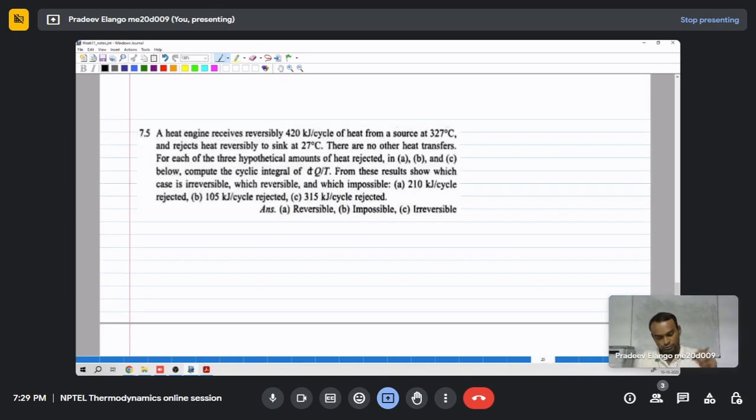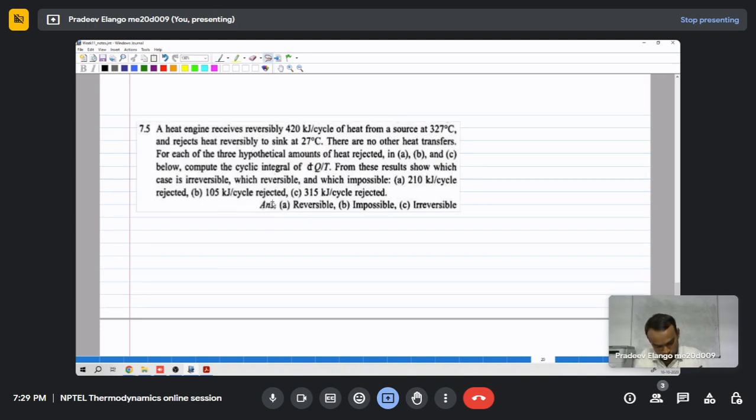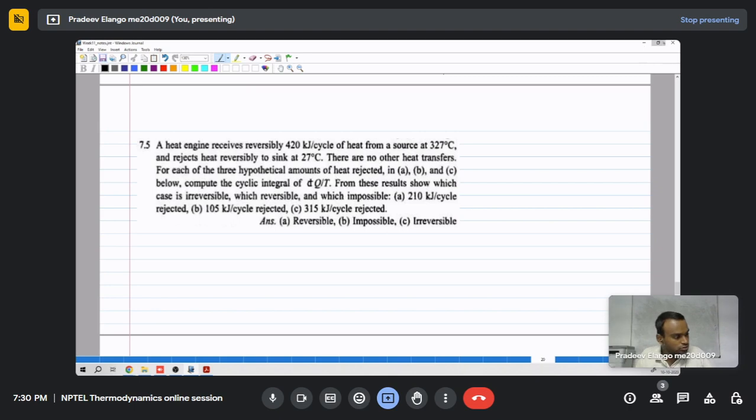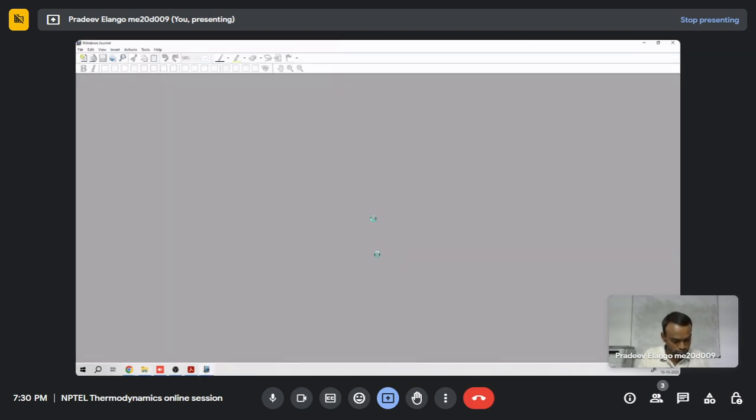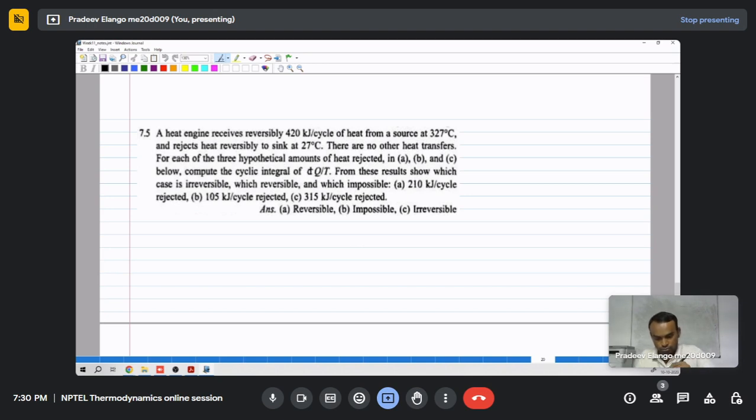Next problem. A heat engine receives reversibly 420 kilojoule per cycle of heat from a source at 327 degrees Celsius and rejects heat reversibly to a sink at 27 degrees Celsius. There are no other heat transfers.